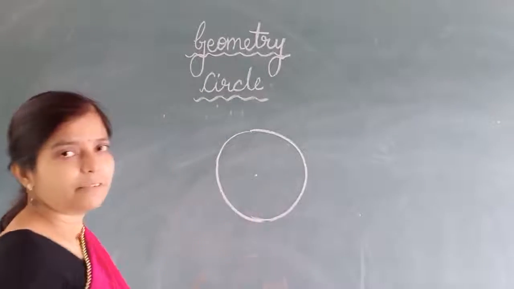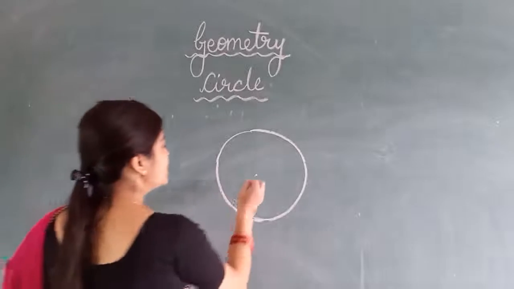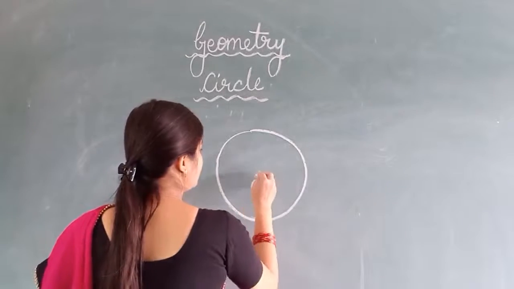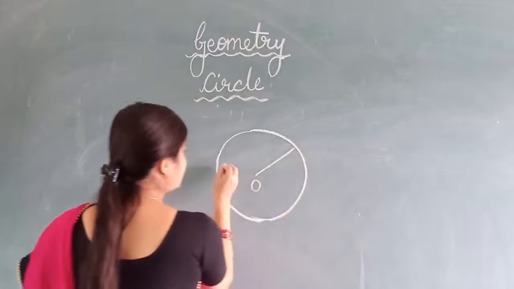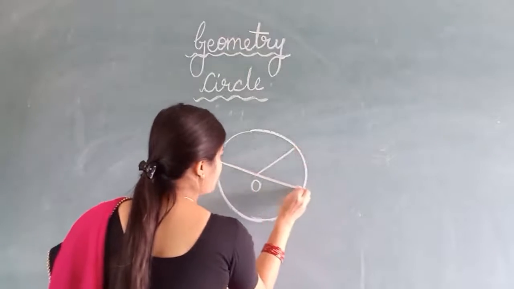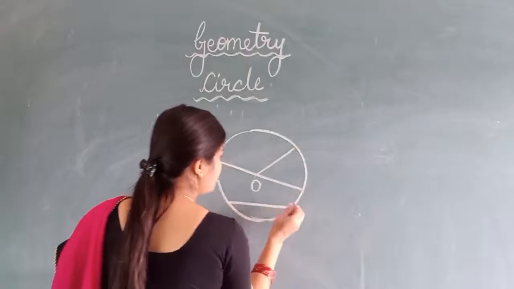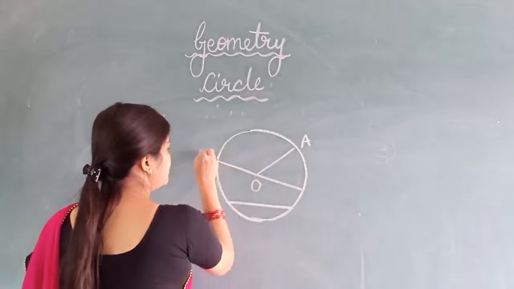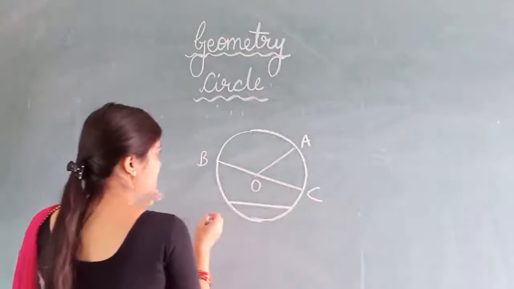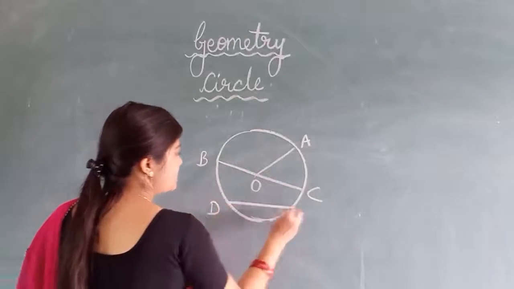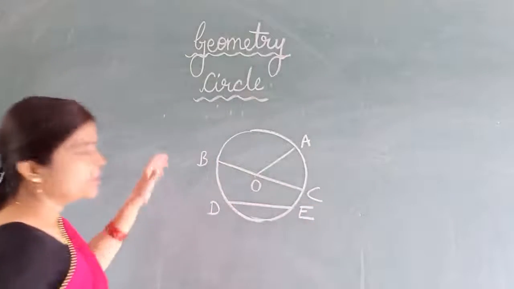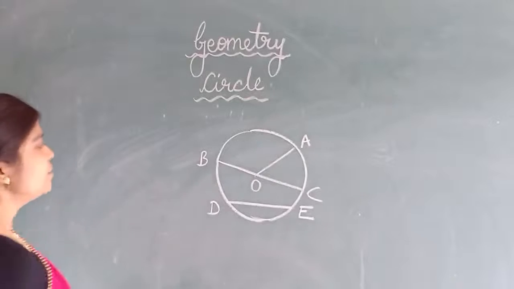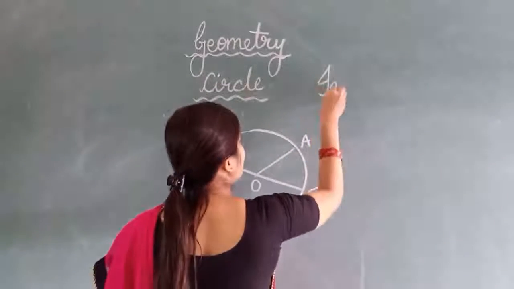With the help of compass you draw now. Okay, this is a fixed point. I am drawing some lines over there, and I am giving the points also here. You know the important terms now? What are the important terms of the circle?